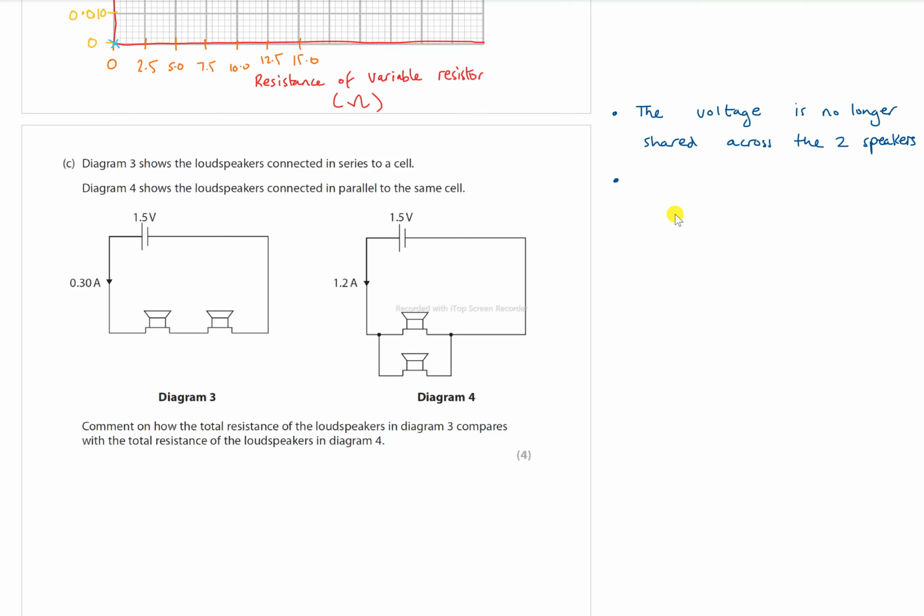Right, so that means the current is doubled to each speaker.